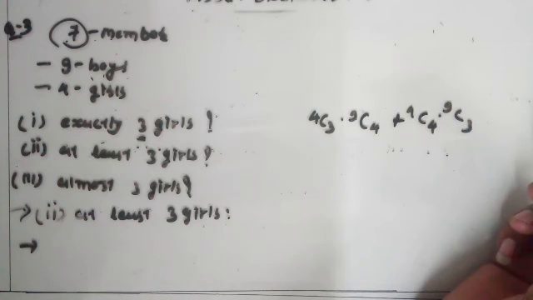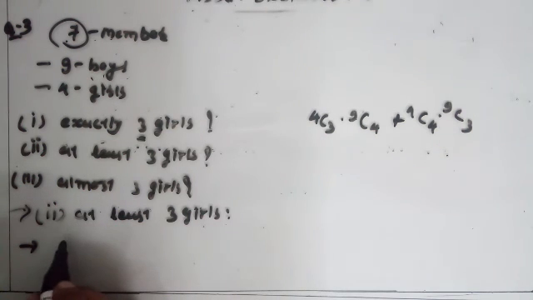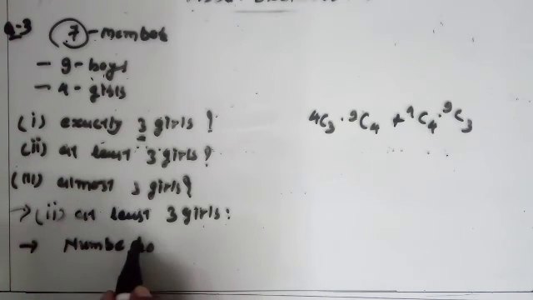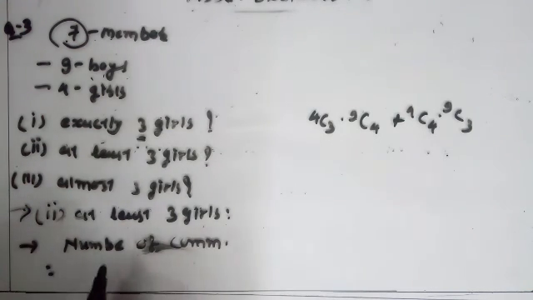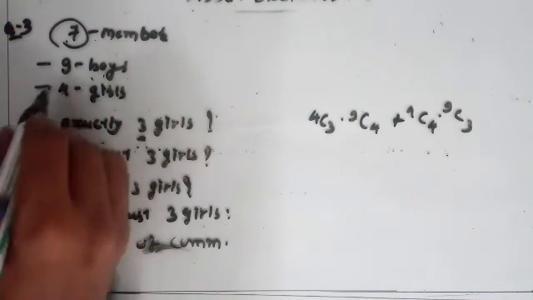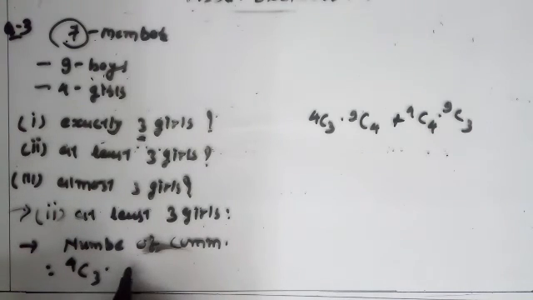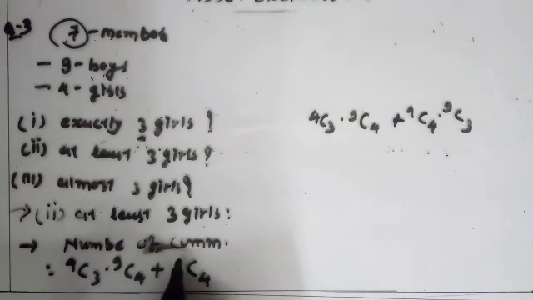Okay, so the number of committees is equal to: first select 3 girls out of the given 4 girls, that is 4C3, and the remaining 4 persons out of 9 boys, or that is a plus, select 4 girls out of 4 girls and the remaining 3 persons out of 9 boys.